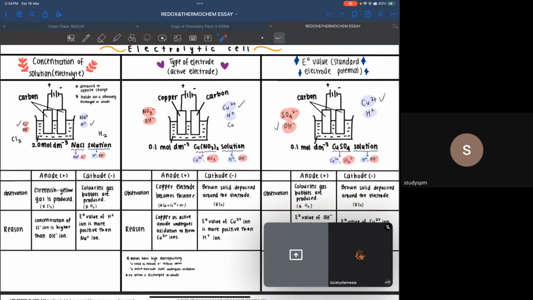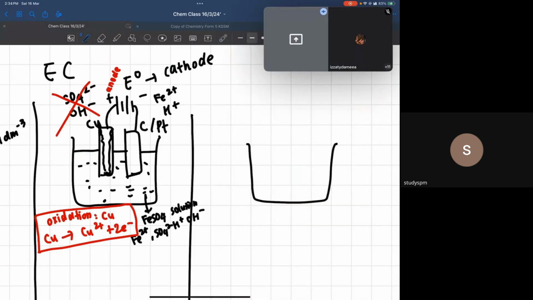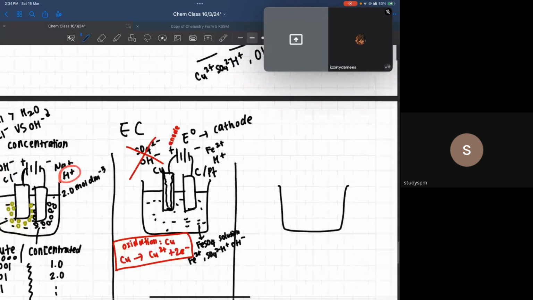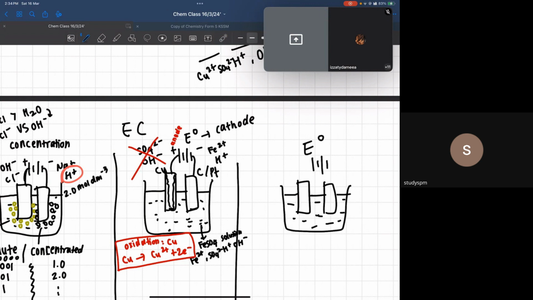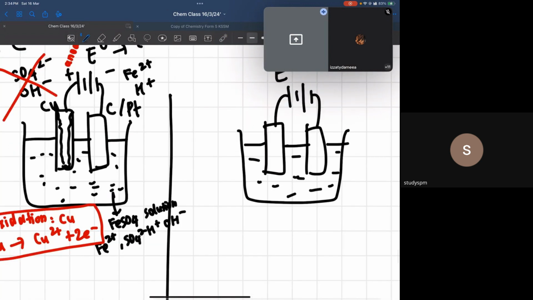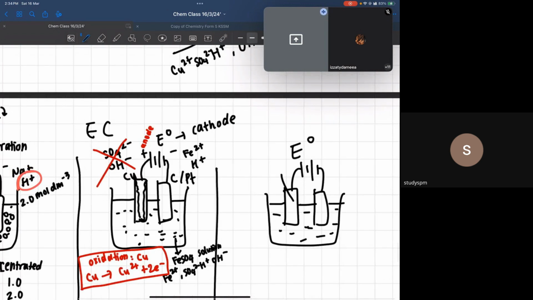Which is dua-dua E value. Sebab anode pun ada E value per factor, okay? Bukan cathode je ada. Okay, we draw macam ni. This one, dua-dua carbon lah.